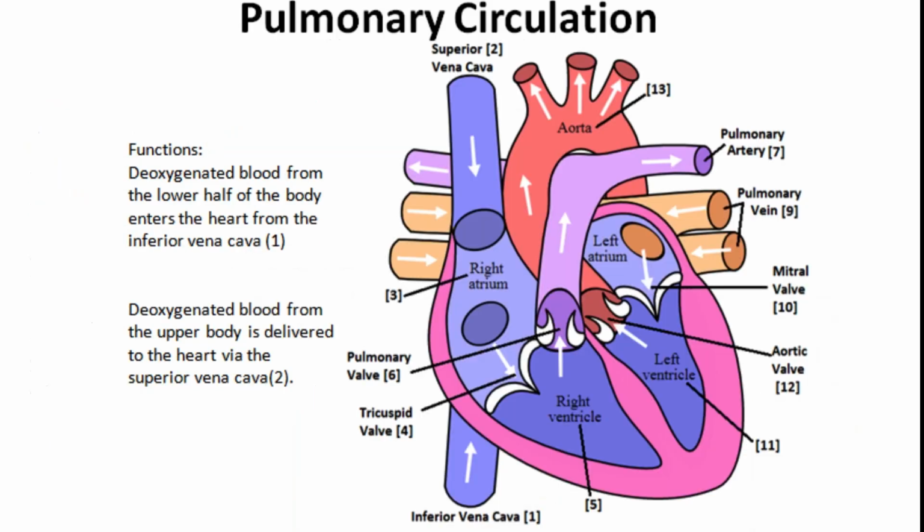Pulmonary circulation functions. If you see this picture, deoxygenated blood from the lower half of the body enters the heart from the inferior vena cava.